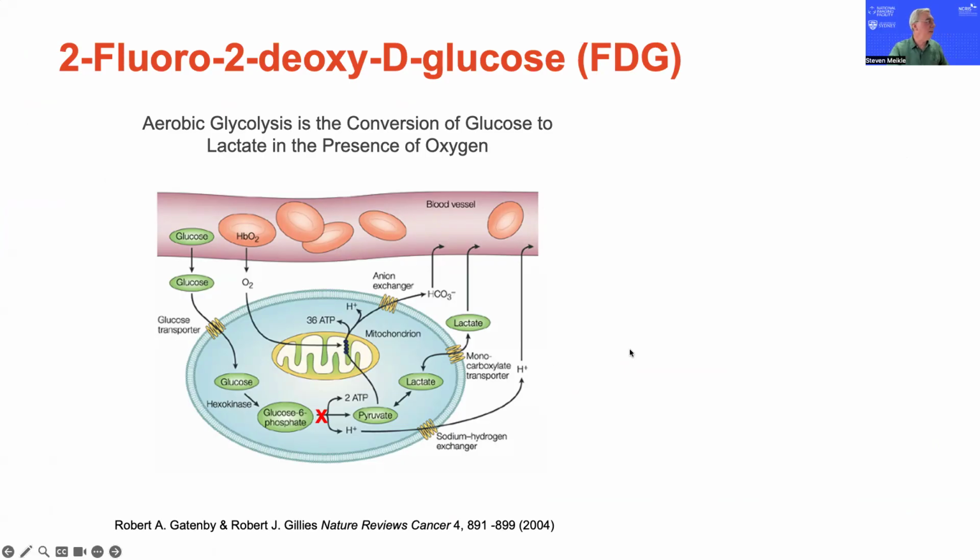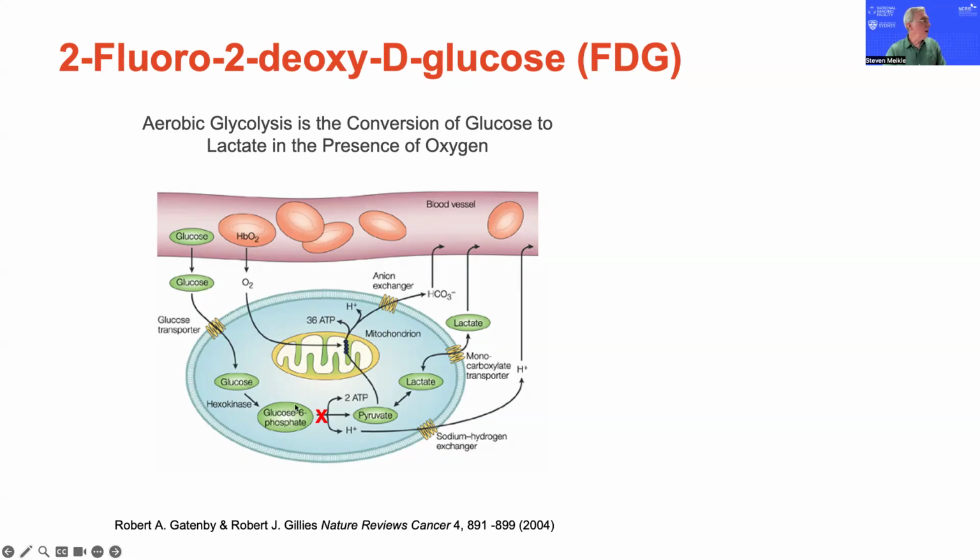Actually, it's showing the glycolytic pathway. So if we had injected glucose, or if the patient was metabolizing glucose in their bloodstream, this shows the pathway that the glucose molecules would go through. And FDG is an analog of glucose, so it follows all the same pathways up to this point, but it doesn't go beyond this point.